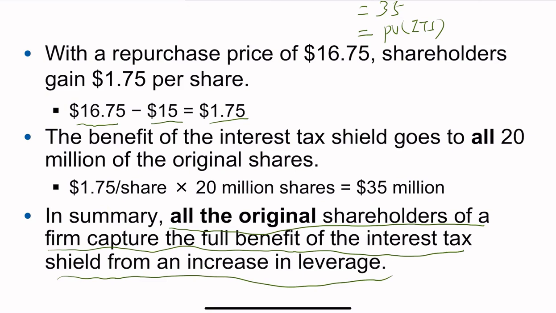And this benefit is calculated by the firm's levered value divided by the total original number of shares. I am emphasizing this because even now it looks very simple, but still in the past, people would make mistakes, right?